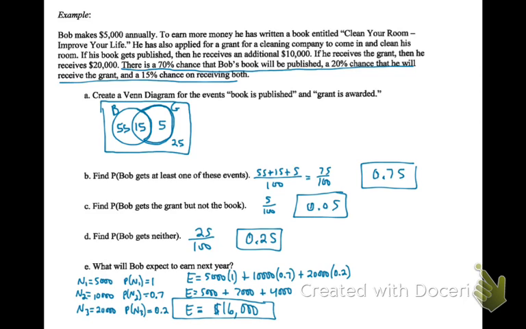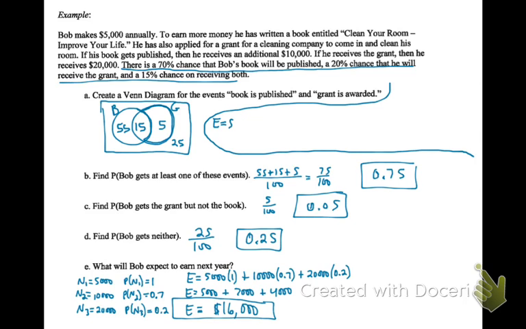Now I want to note something about this one. That's a good way to calculate the expected value, but we can actually use all the values inside the Venn diagram as well. If I use the values inside, the 55, the 15, and the 5, I should get the same result.